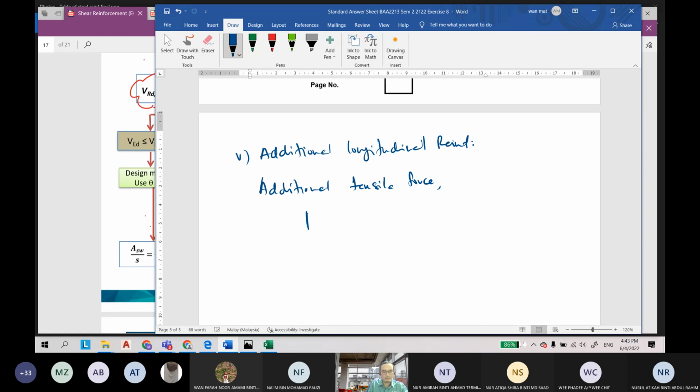F TD is equal to 0.5 VED times cotangent theta. So it's equal to 0.5 times 360, our VED, times 2.5. What is the value of FTD now?